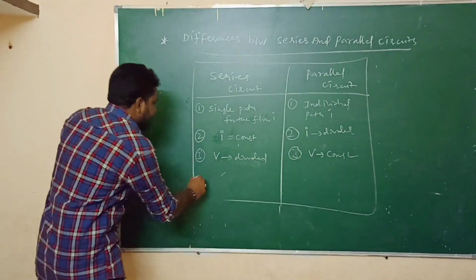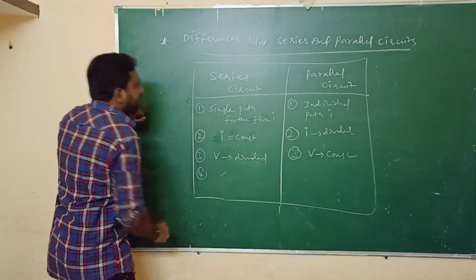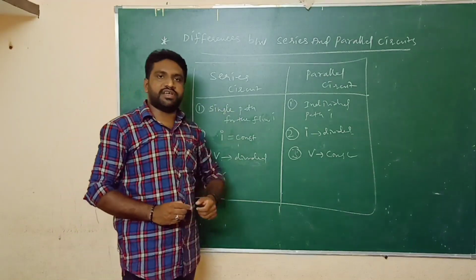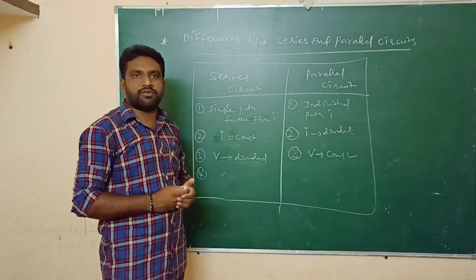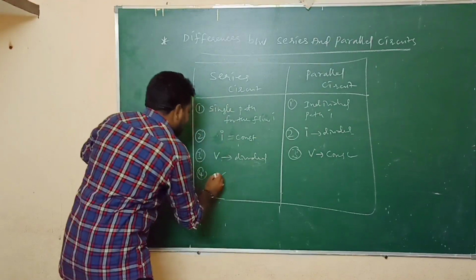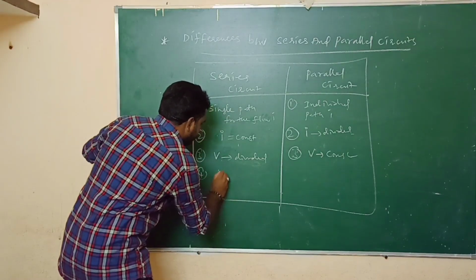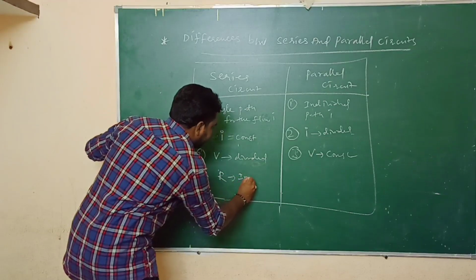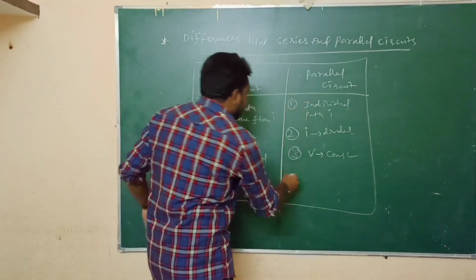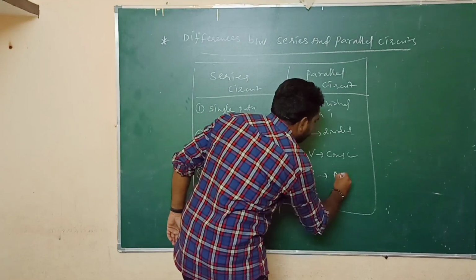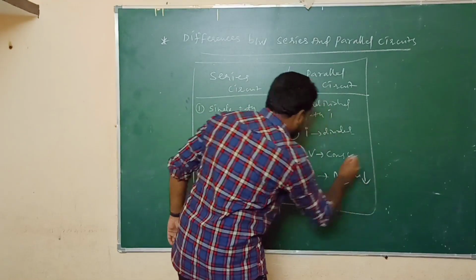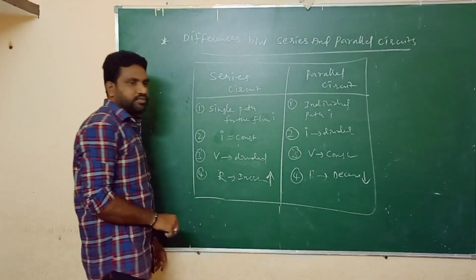And next, number 4. If we connect the resistors in series, the total resistance of the circuit will increase. So in case of series circuit, resistance R will increase. In case of parallel circuit, resistance R will decrease.